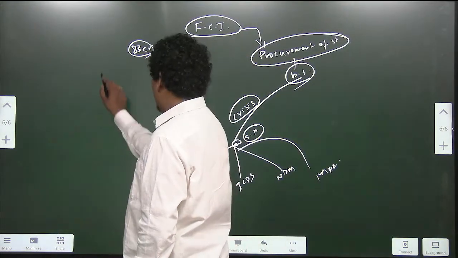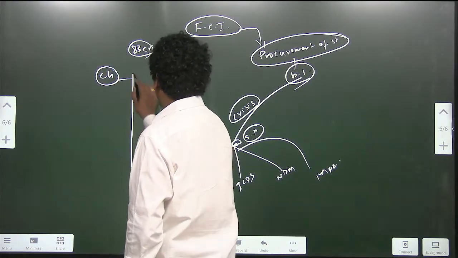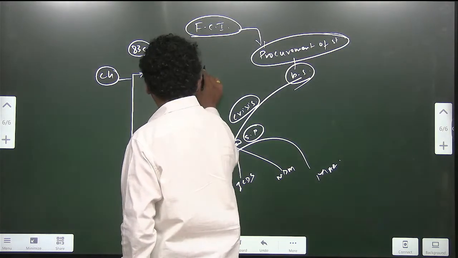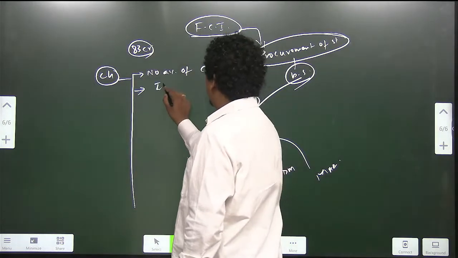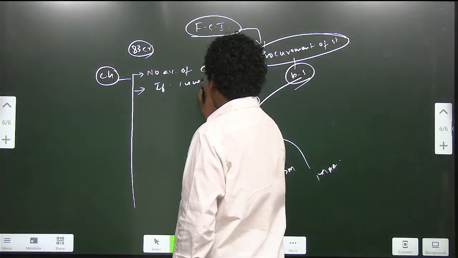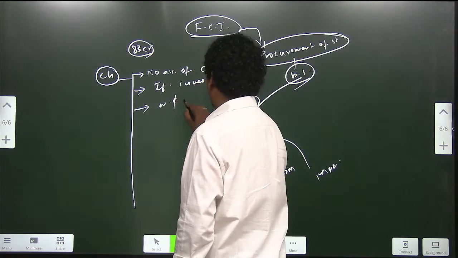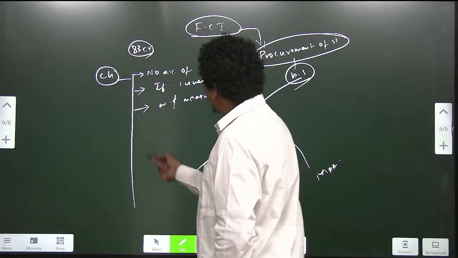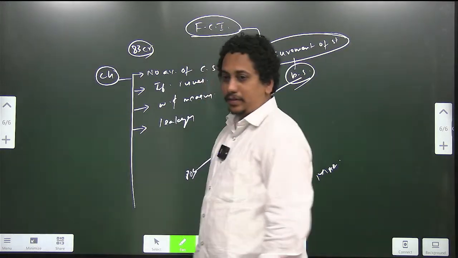And what are the challenges in achieving food security? Challenges in buffer stock: no availability of cold storages, infrastructure issues, you can quote weighing and measurement issues. You could have mentioned leakages of stock.